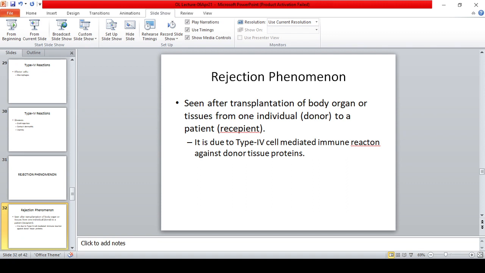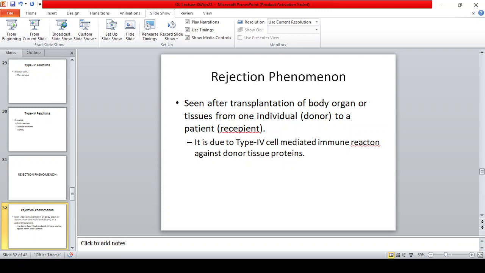and rejection phenomena is seen after transplantation of body organs or tissues from one individual, who is the donor, to a patient, who is the recipient. Now this is due to type 4 cell-mediated immune reaction, as I mentioned a little bit earlier, against the donor tissue proteins.